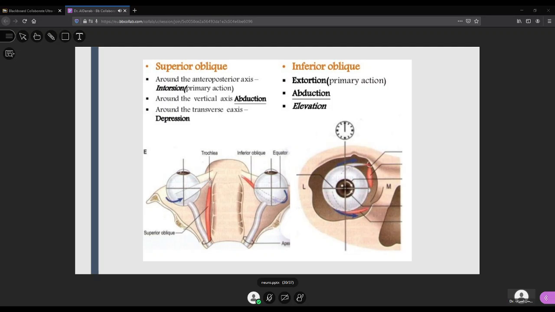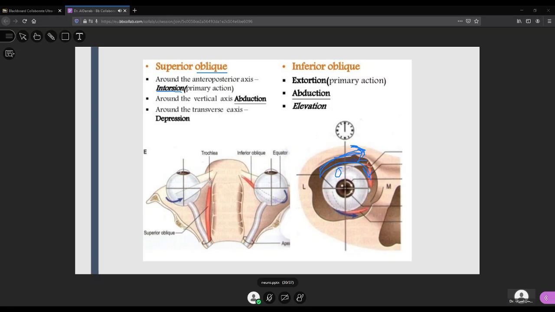If this contracts, it should go like this, right? So it will do what? Intorsion. Imagine this muscle is pulled; if it is pulled, the eye will move like this, intorsion. This is the primary. The obliques' primary movement is torsion, always torsion.